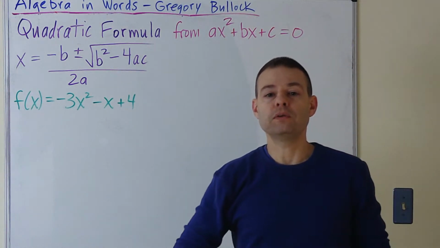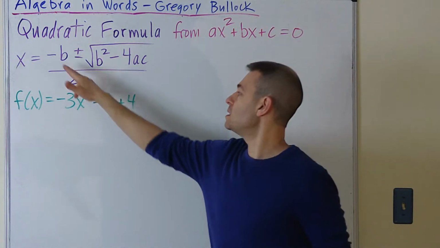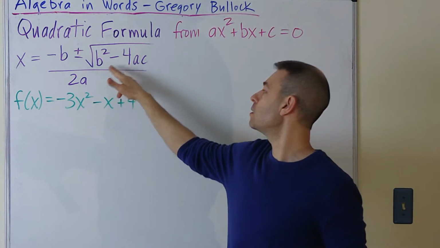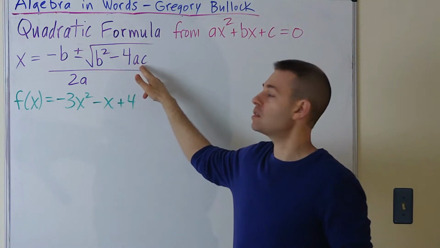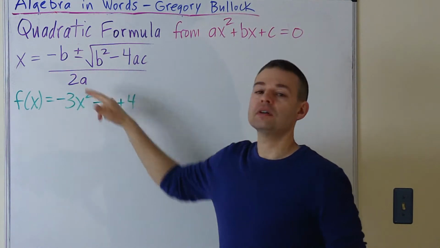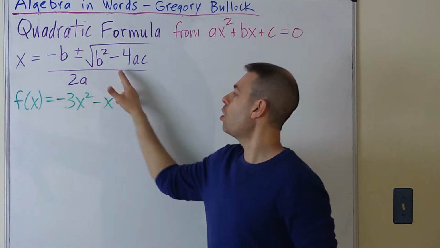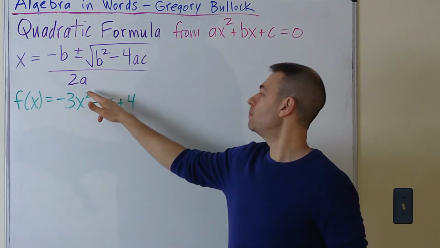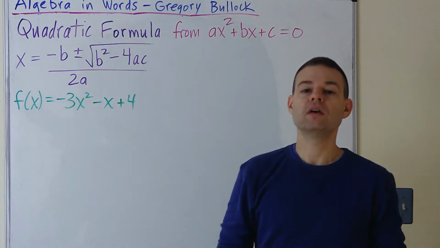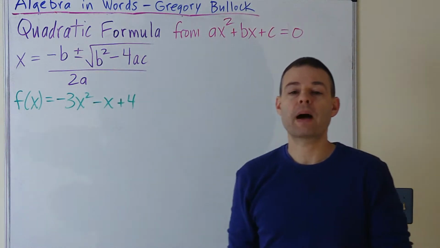The formula is -b plus or minus the square root of b squared minus 4ac, that's under the radical, and that's all over 2a. Make sure that this is all over 2a, not just 2a under the radical. It's under everything.